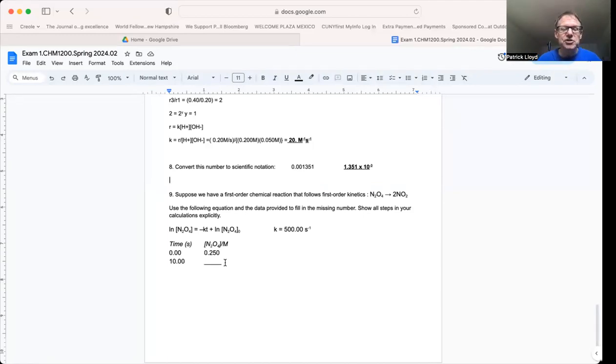Okay, so I'm just going to substitute in the numbers. I'm going to paste it over here, and we have our values of kt right there. So k is 500, I'll leave the units out. t is 10 seconds. And then we're going to take the natural log of 0.25.